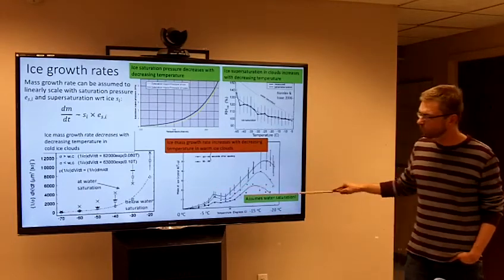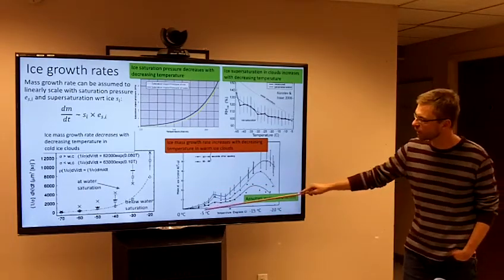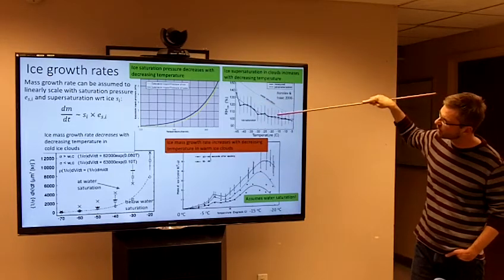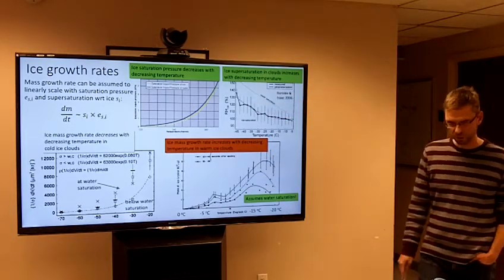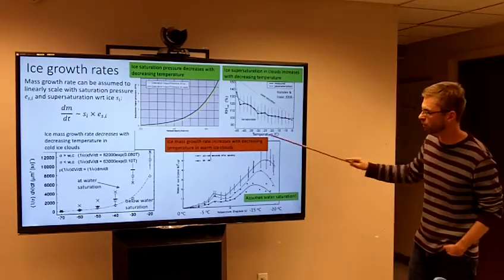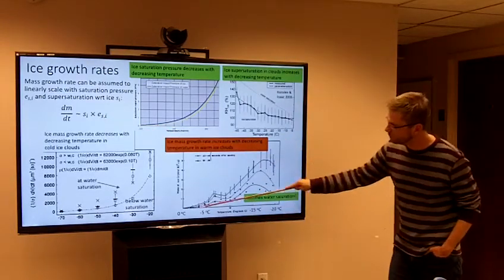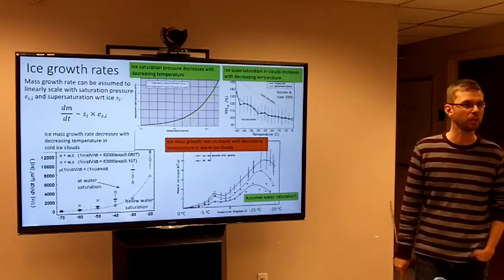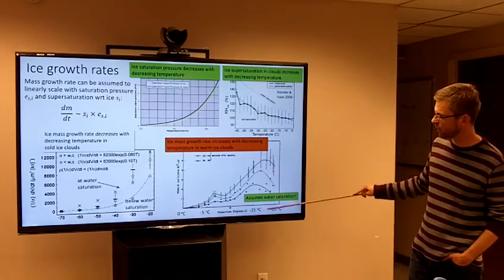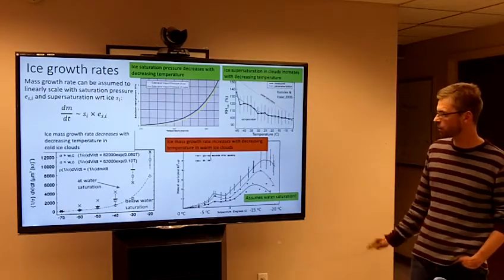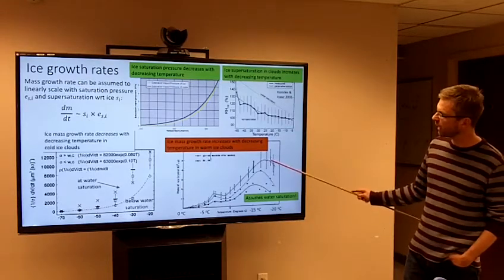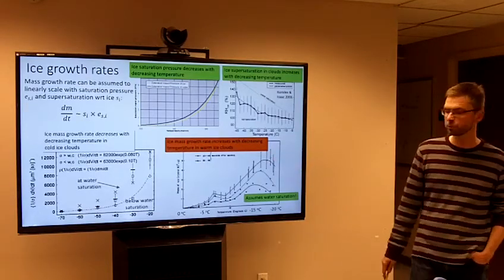And then at the warmer temperatures, we can see that actually the supersaturation increases as you go to colder temperatures. That leads to an increase of the growth rates. So there's this peak, which in these laboratory measurements is around minus 15 degrees Celsius. It is a peak in growth rate.